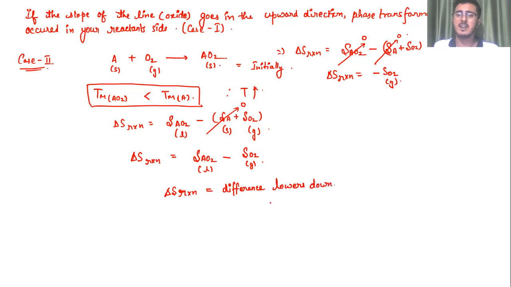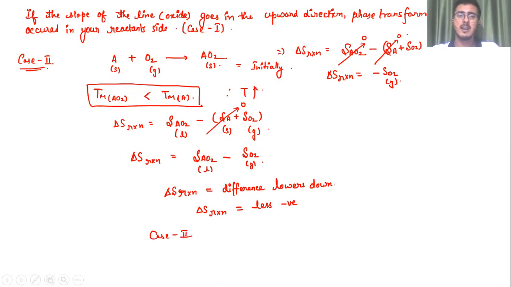So if the difference is lowering down, then you can say that the value of your delta S reaction has become less negative now. It is still negative, but it is now less negative. So if your delta S is less negative, then it will definitely go in the desired direction as per your case 2.